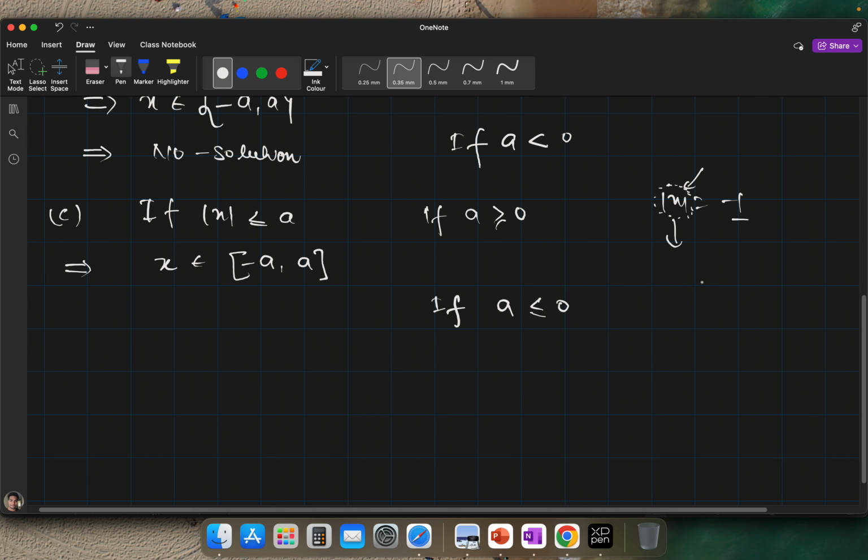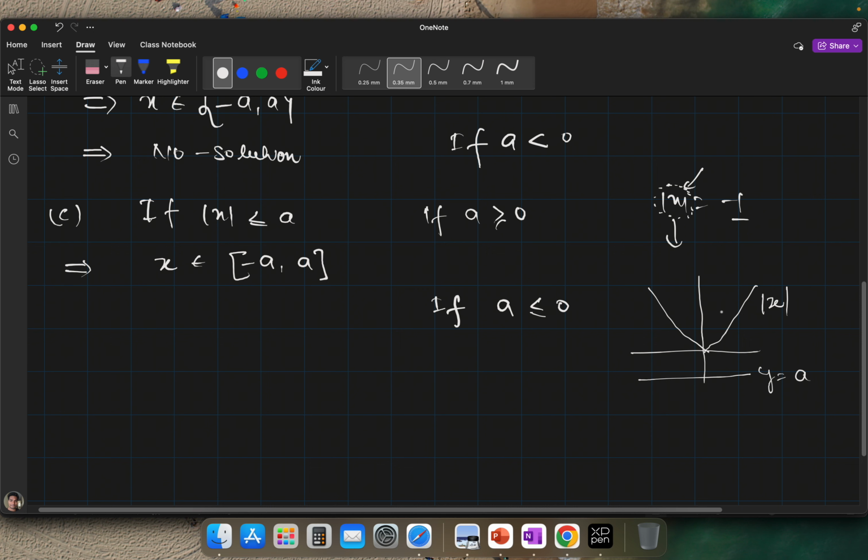You can also interpret it like this. This is the graph of mod x, right? Now if a is a negative number, then the graph of y equals a will be below the x-axis. Now I'm asking mod of x should be less than or equal to a.